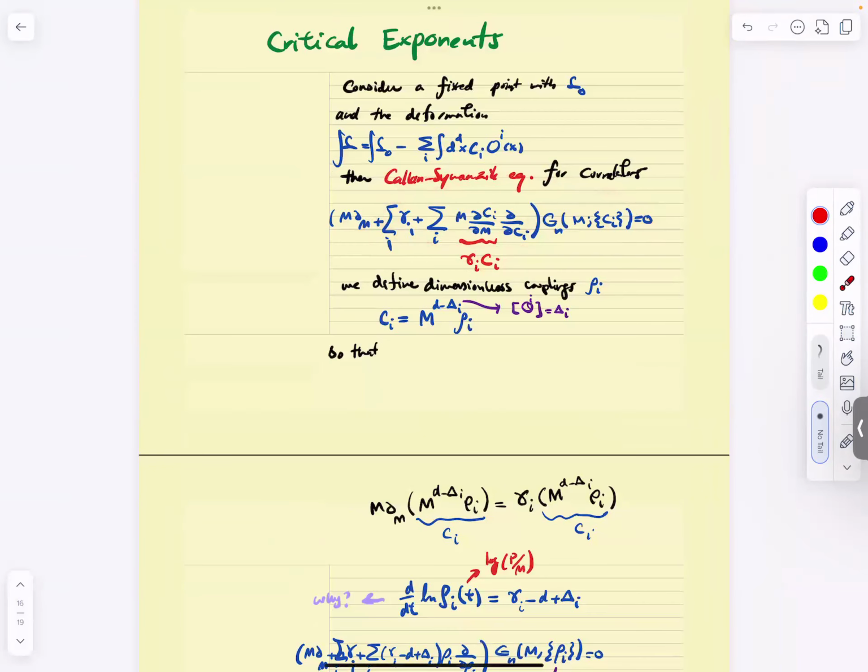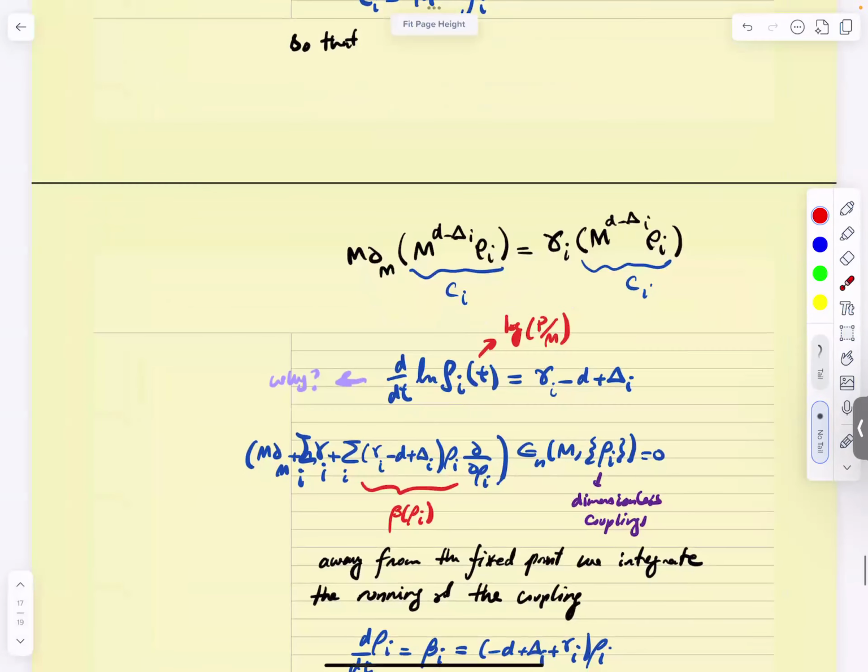Plugging that inside the Callan-Symanzik, you find the endpoint function of these composite operators. So what am I doing? I'm calculating now the Callan-Symanzik equation for endpoint functions of composite operators, right? It will look like this. There will be M d/dM, del_i gamma_i. These are the wave function normalizations.